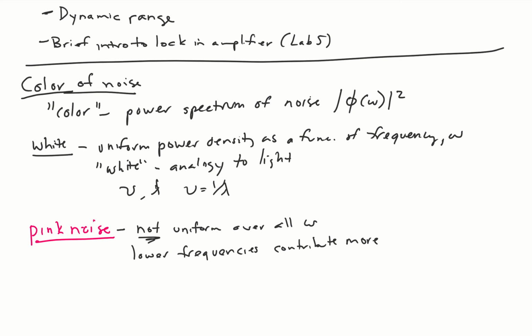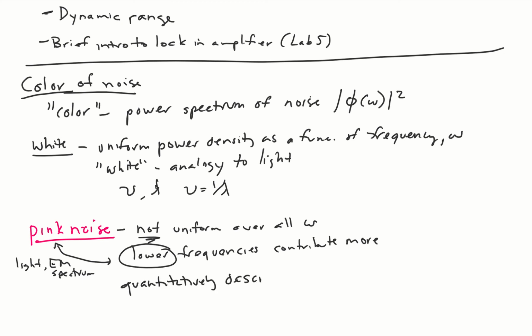So trying to remember this, the fact that we have lower here and pink, you can again think of light and the electromagnetic spectrum. The lower energies, the lower frequency light is going to be more in the redder portion of the electromagnetic spectrum. So pink is a shade of red, and we use pink noise to quantitatively describe a dependence of 1 over the frequency.